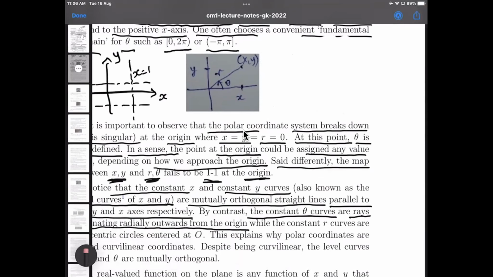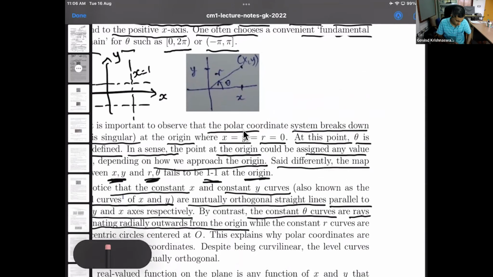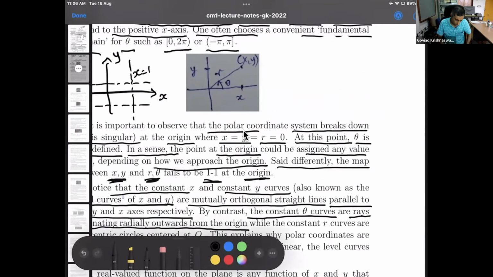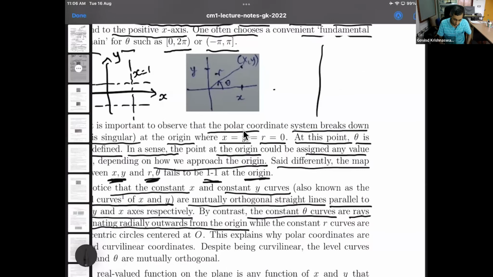Do these rays contain the origin? Strictly speaking, no, because at the origin, theta is not well defined. So at the origin, we might omit it. So there are rays that exclude the origin, you might say.